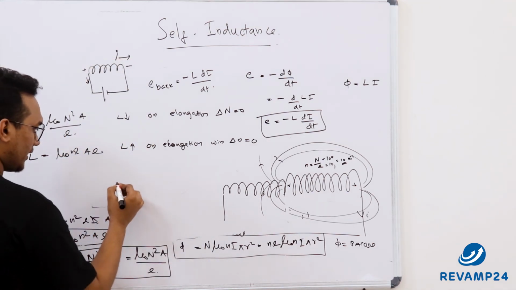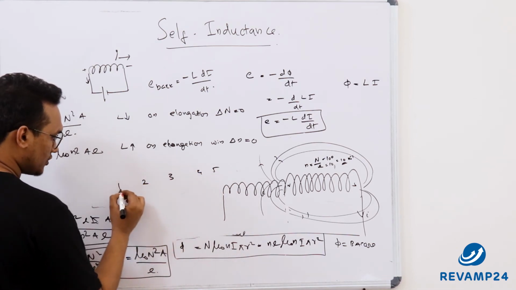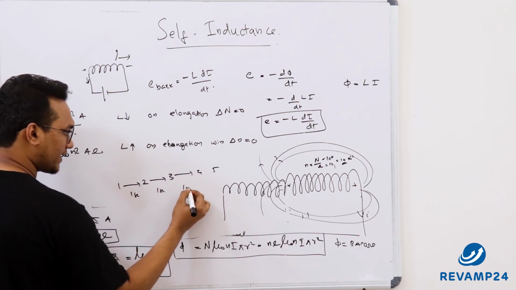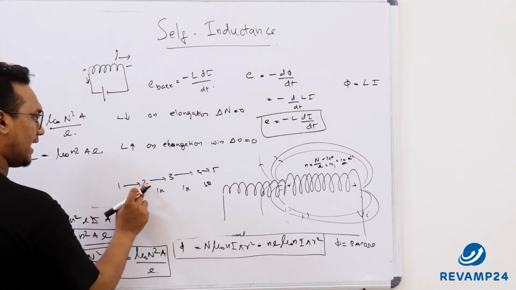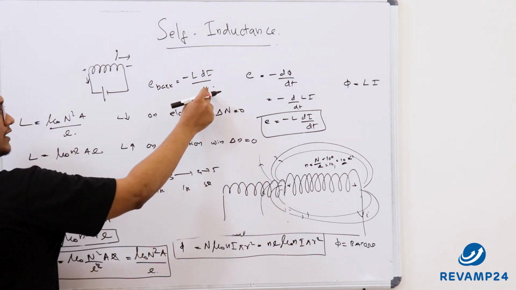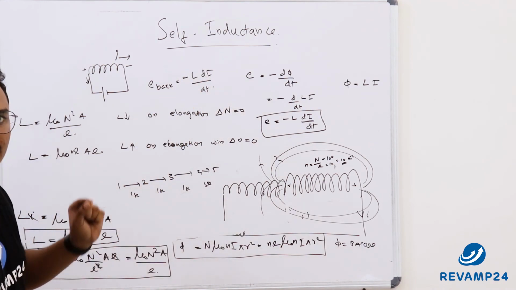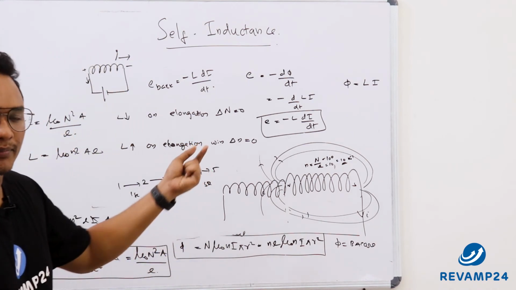So that is 1 ampere, then 2 ampere, then 3, 4, 5 ampere. So 1 to 2 in 1 second, 2 to 3 in 1 second, 3 to 4 in 1 second, 4 to 5 in 1 second. So what is the change here? di is equal to 2 minus 1 divided by dt 1. So di by dt is equal to 1. That is, change in current in every 1 second is 1 ampere.